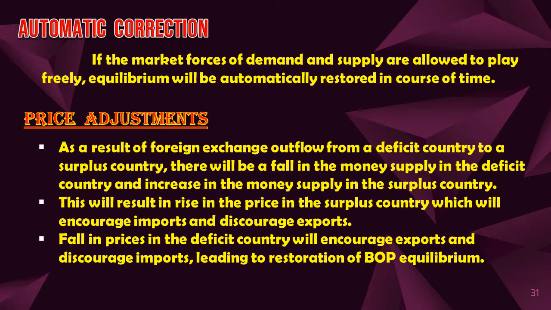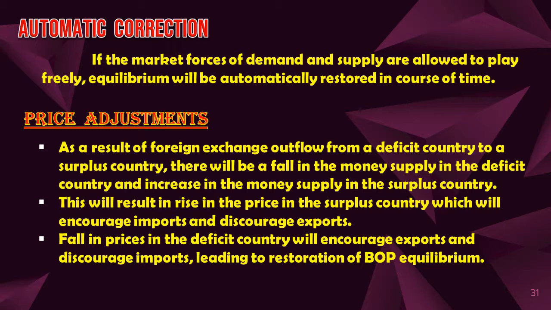So take two countries into account, a deficit country and a surplus country. When foreign exchange flows out from a deficit country to a surplus country, what will happen to the money supply? There will be a fall in the money supply in the deficit country and an increase in the money supply in the surplus country.